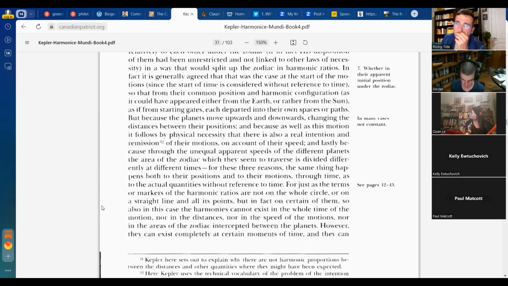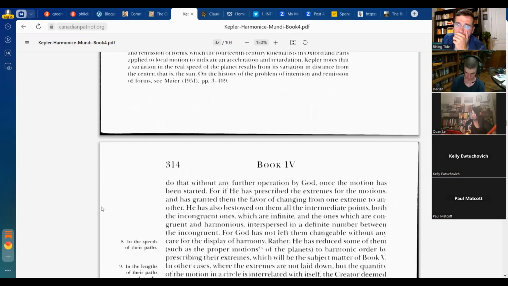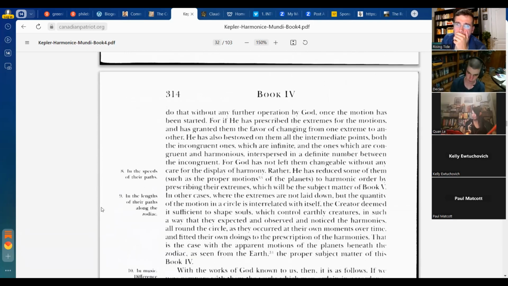However, they can exist completely at certain moments of time, and they can do that without any further operation by God, once the motion has been started.